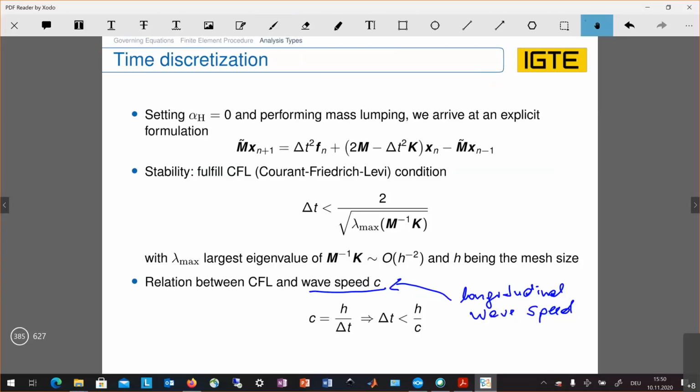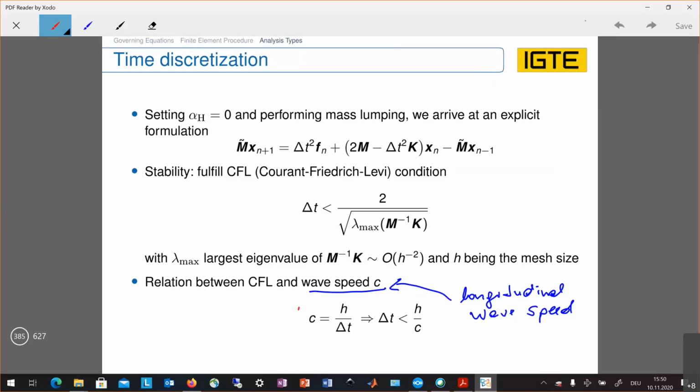And then it is easy as follows. You just have to fulfill this criterion. Delta t should be smaller than your grid size over the longitudinal wave speed, which means within one time step, the wave should not move over one finite element. That is this very simple relation.